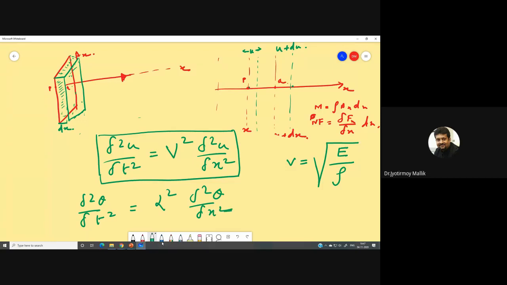Okay. So now what is U and what is theta? So U we have talked about is the displacement, in one dimension. Let me try to explain that physically. Here one dimensional displacement means displacement in one direction only, right?